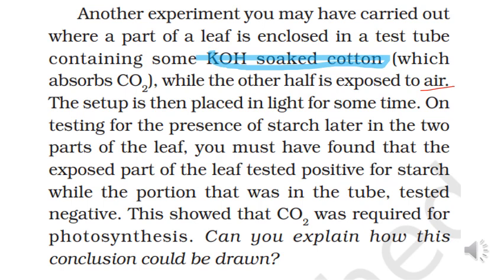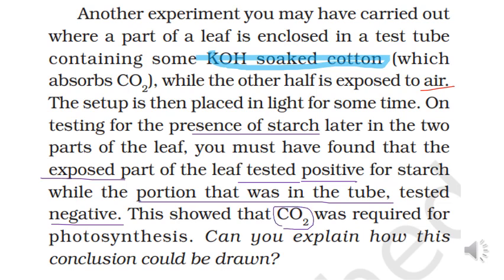On testing for the presence of starch later in the two parts of the leaf, you must have found that the exposed part of the leaf tested positive for starch, while the portion that was in the tube tested negative. This showed that carbon dioxide was required for photosynthesis. Can you explain how this conclusion could be drawn?